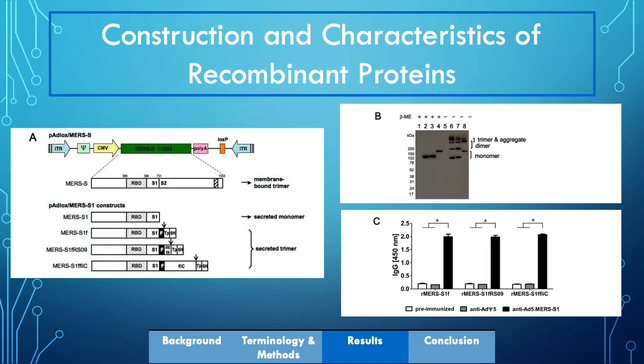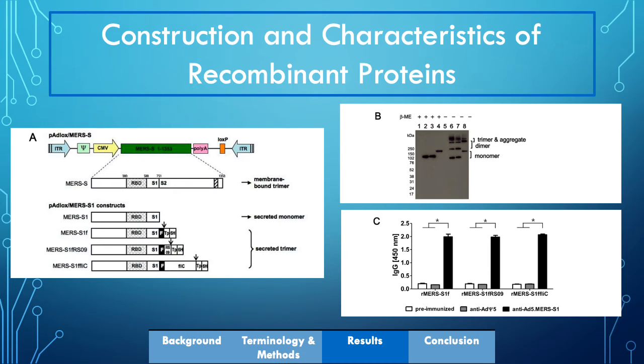And then over here to the right, you have figure B, which is a Western immunoblot. And you can see where the monomers and the dimers and the trimers kind of ran because of that blot. So figure B, the lanes 1 and 5 are just mock lanes. Lanes 2 and 6 are MERS S and then S1F.